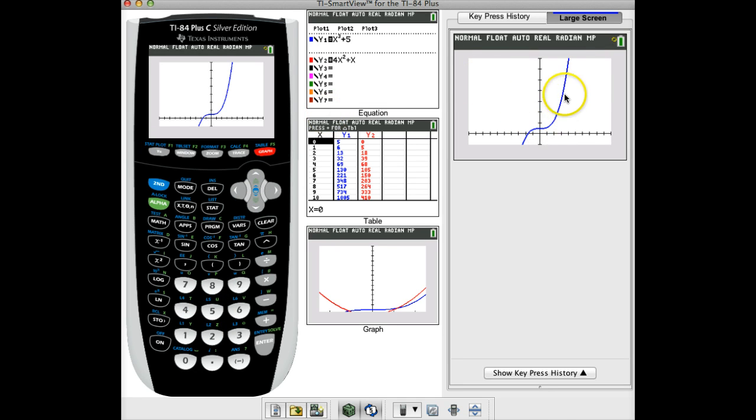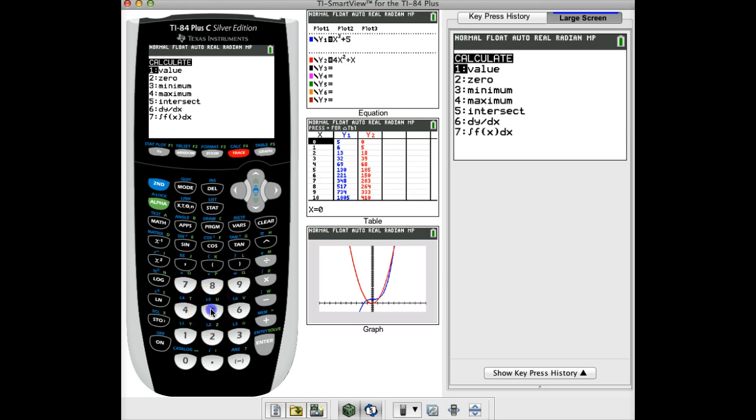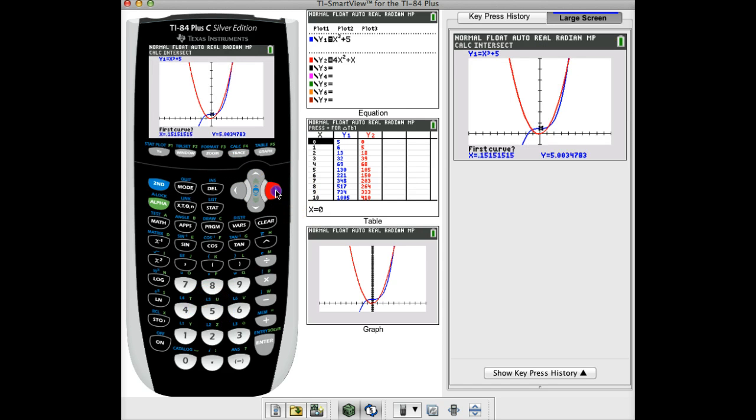So there's our first function, and over here somewhere I bet you we're going to see that third intersection point, maybe right here. Well, that was pretty close. Right about there. So let's go to second calc, 5 for intersect, and let's see where these points intersect, and it looks like right there, I guess.